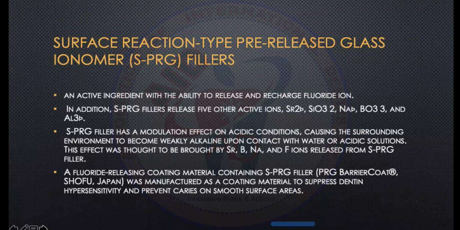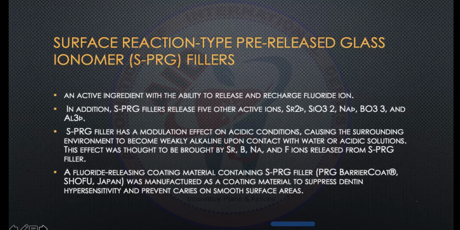Then this is something by Shofu. This is SPRG. It contains many minerals, and basically this makes the acidic surface alkaline. When these SPRG fillers come in contact with water, the surface becomes alkaline, right? And this effect is brought by all these minerals which are present.